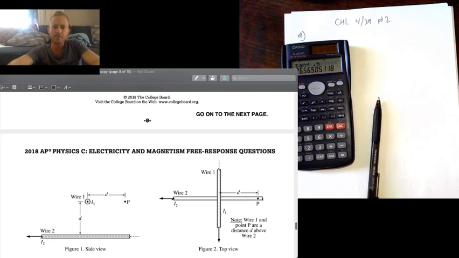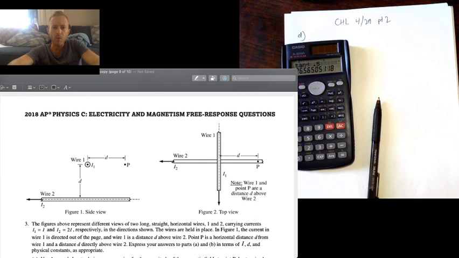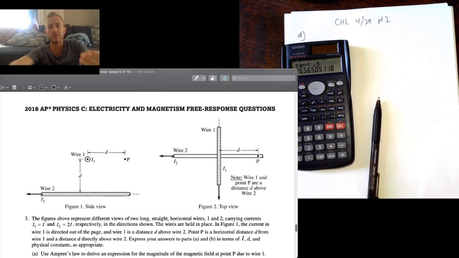So wire 2 is creating a magnetic field that points into the page.